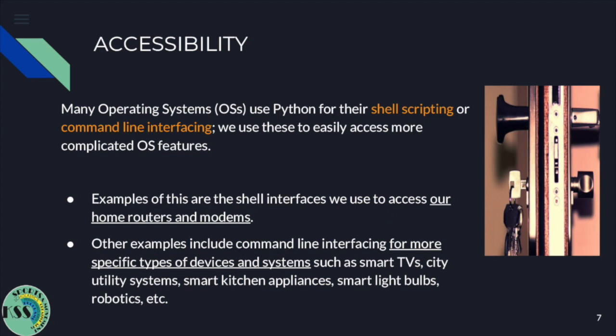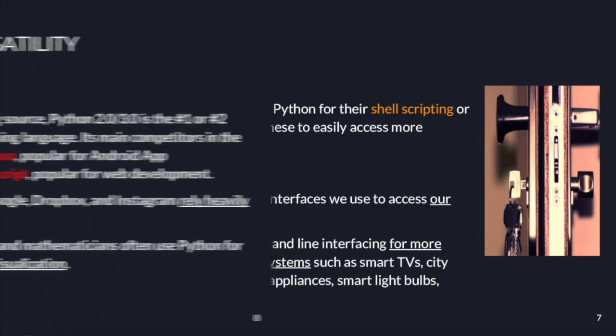Other examples include command line interfacing for more specific types of devices and systems, such as a smart TV or city utility systems, smart kitchen appliances, smart light bulbs, robotics, etc.